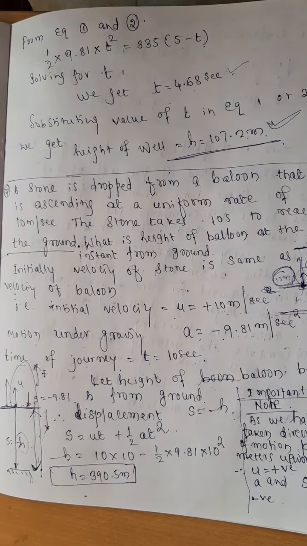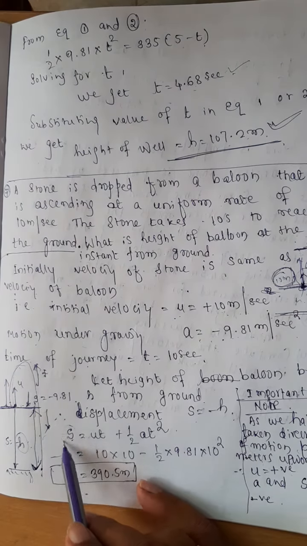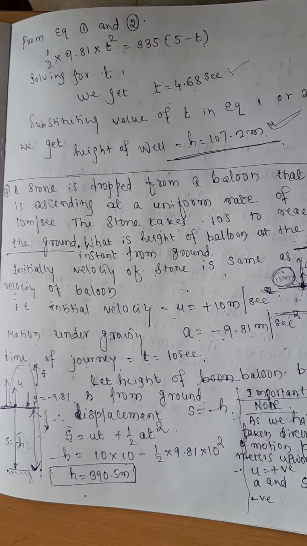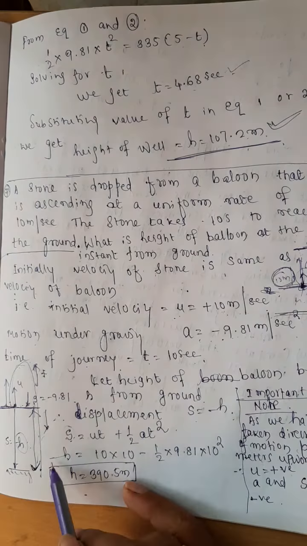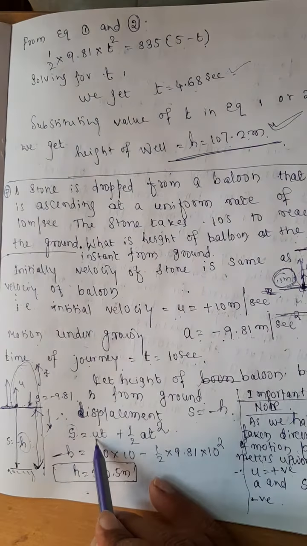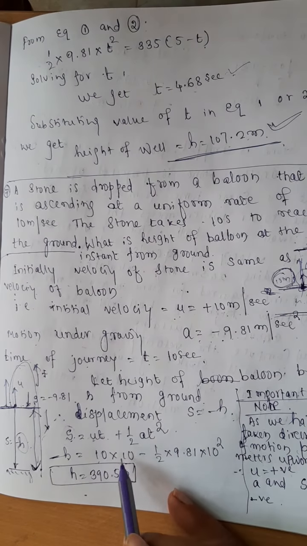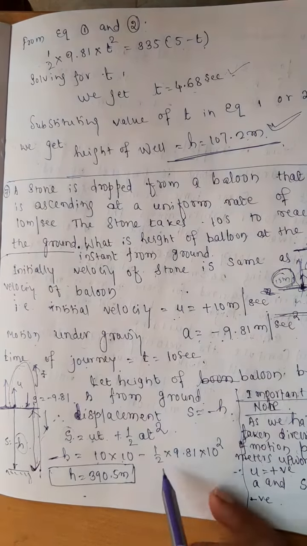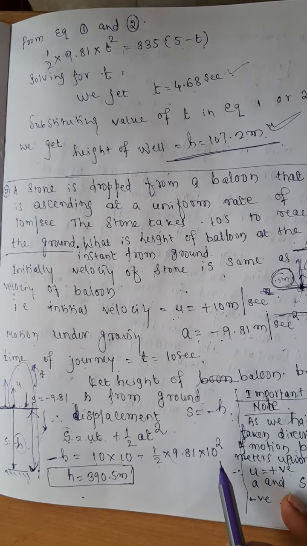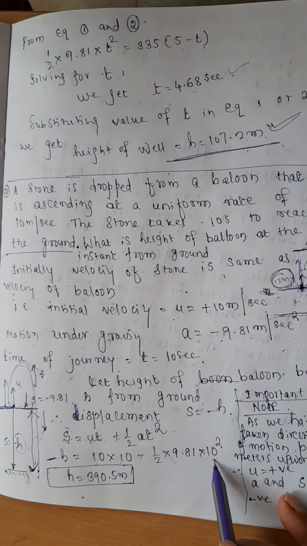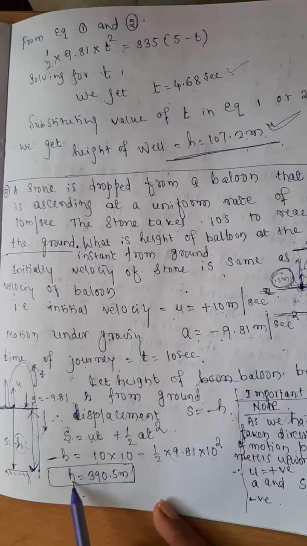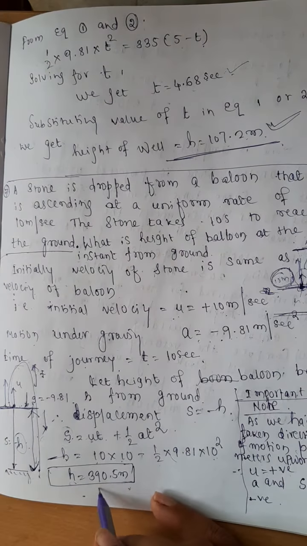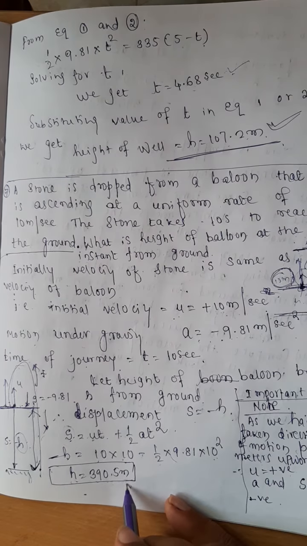Therefore, if you take s as minus h, in a single stretch you will get the value of h. So s is equal to minus h, equal to ut plus half a t square. u is 10, t is 10, plus half a, which is minus 9.81, that is why this negative is coming, into t square, 10 squared. If you solve this, you will get the height equal to 390 meter.